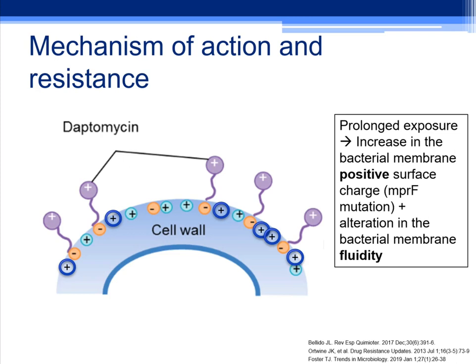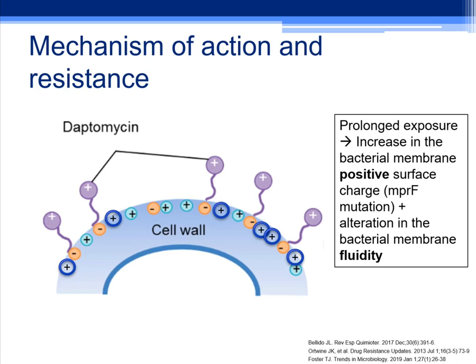So with prolonged exposure, you do have this increase in the amount of positive charges. You either have to find a way to give more drug, which could eventually lead to toxicities, or find a way to cause the polarization of that membrane to go back to a more negative state, so daptomycin can have more binding areas.